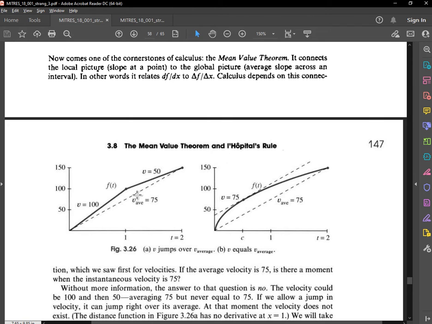In order to end up with an average velocity of 75, it stands to reason that he's going to have to slow down at some point. He can't just keep going faster than 75 and end up with an average velocity of 75. So the velocity must have decreased.